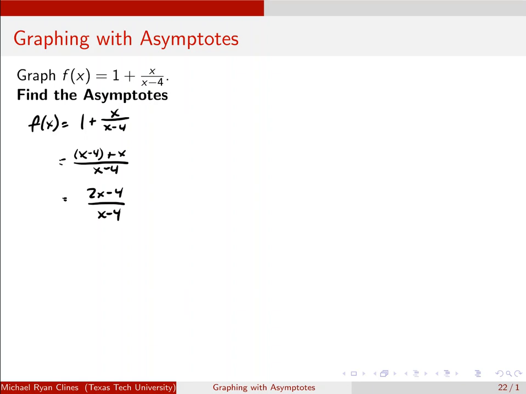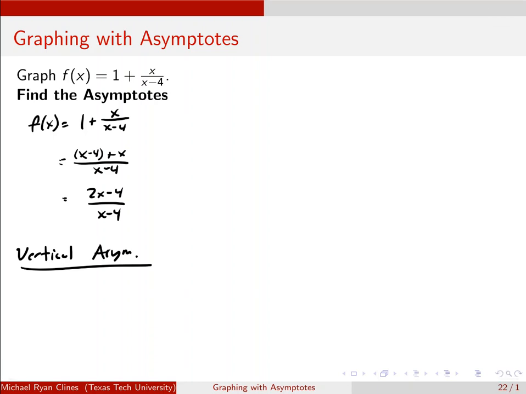Now, let's find the vertical asymptote. Now, what is the vertical asymptote? Well, we have a vertical asymptote at a point x is equal to c if the limit as x approaches c from the left or right is equal to plus or minus infinity.